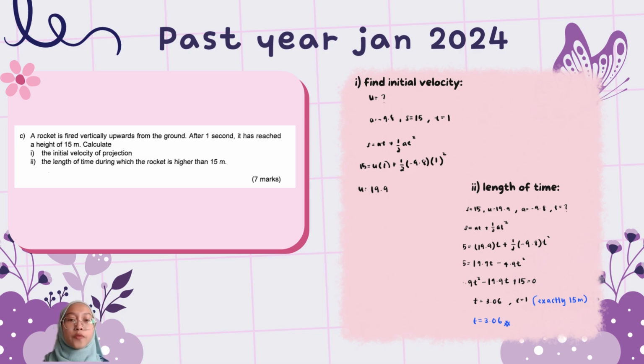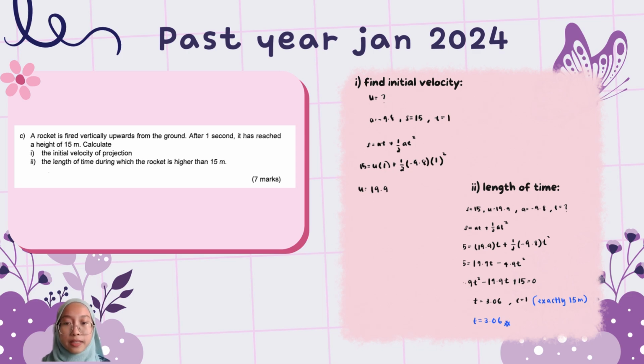So you can use the formula S equal to UT plus 1 over 2 AT squared if you take a look at all of the information you have. So then you will get the initial velocity 19.9 meter per second.